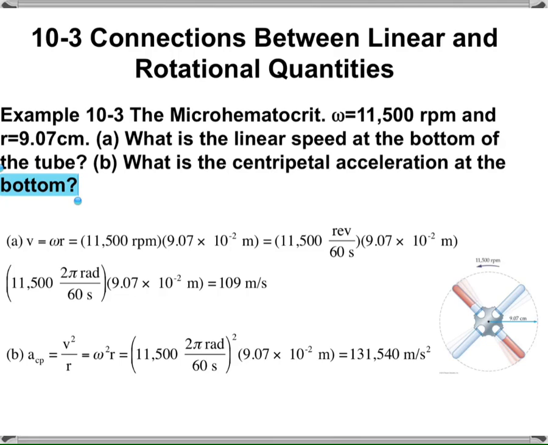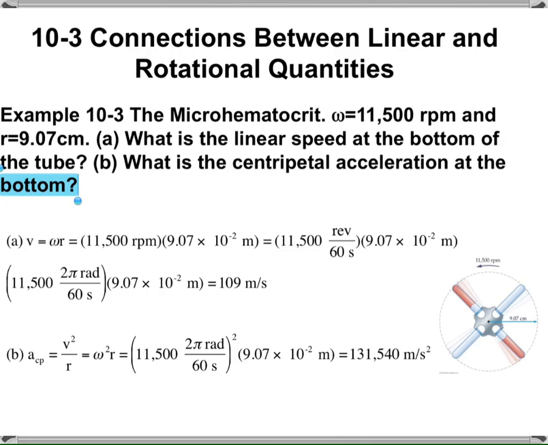And let's calculate the centripetal acceleration. You can either use v squared over r, since you already calculated v, or omega squared times r. In both ways you will find the same quantity. It is 131,540 meters per second squared.